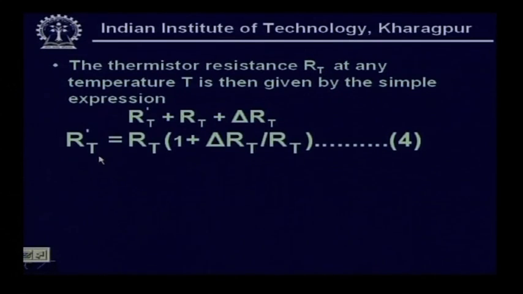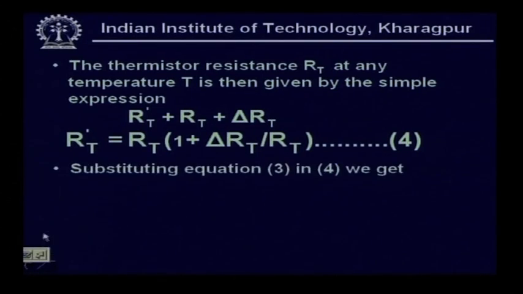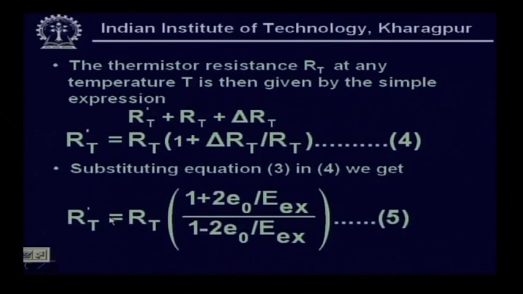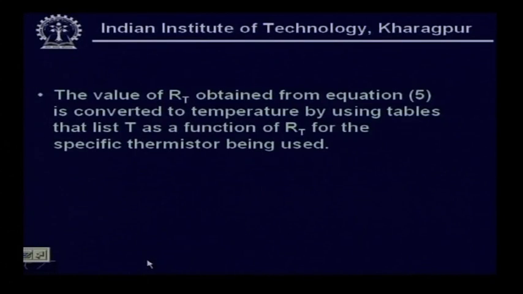If I take R T common, R T into 1 plus delta R T by R T. This is equation number 4. Substituting equation 3 in equation 4, we get R T dash equal to R T into 1 plus 2 E naught by E x upon 1 minus 2 E naught by E x. This is equation number 5, right.